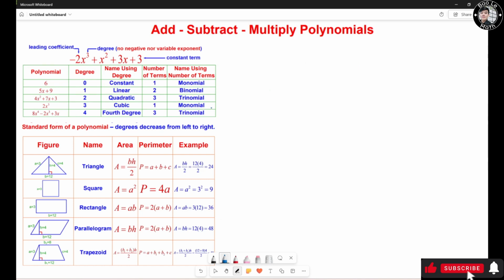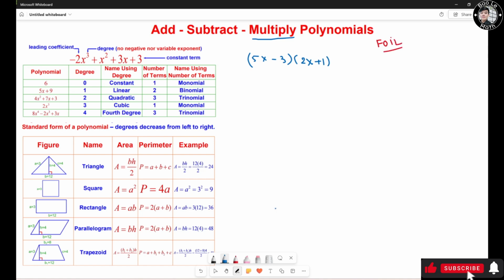Now next one, we're gonna move on to multiplying polynomials. Alright, so for example, we need to multiply 5s minus 3 times 2s plus 1. Alright, we're gonna use the method called FOIL method.